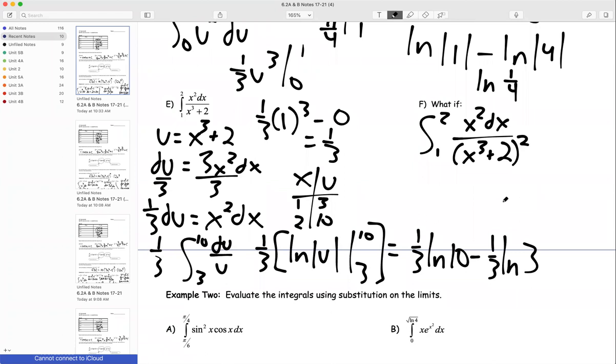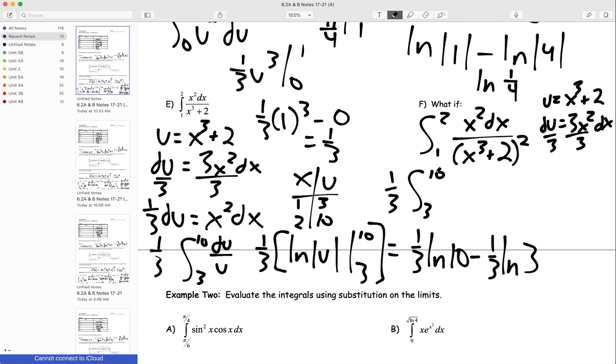Our u is not going to change, all right? U is still going to be x cubed plus 2, and du is going to be 3x squared dx. I'm still going to divide by 3, and my bounds are going to be the same. What will change, however, is I will have du over u squared.